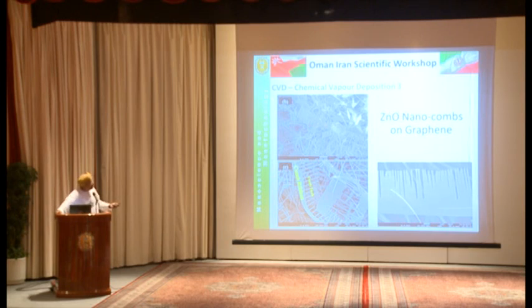So you have a graphene wafer, which is commercially available nowadays, and using CVD, we deposit zinc oxide and study basically the formation of these nanoparticles. In our studies, this is something very novel, especially when something is growing on graphene.